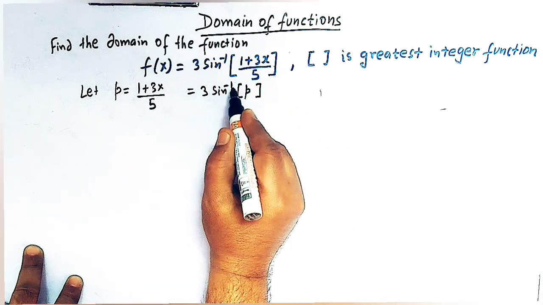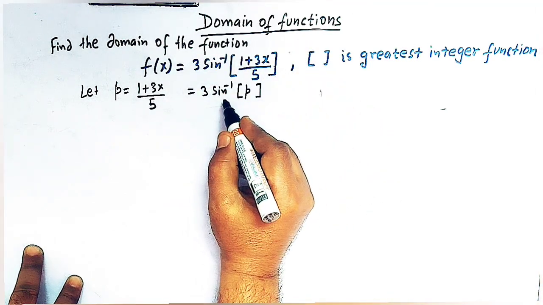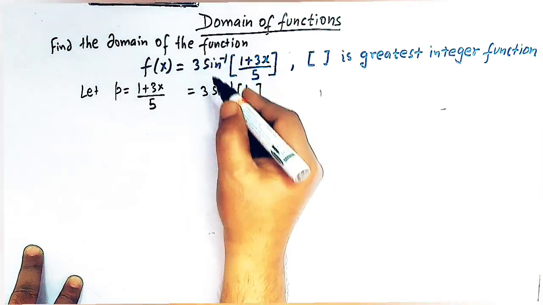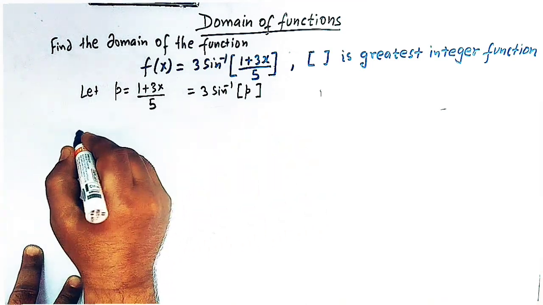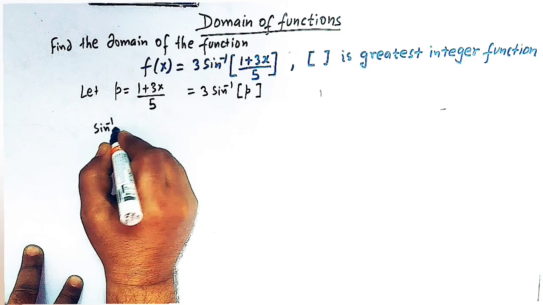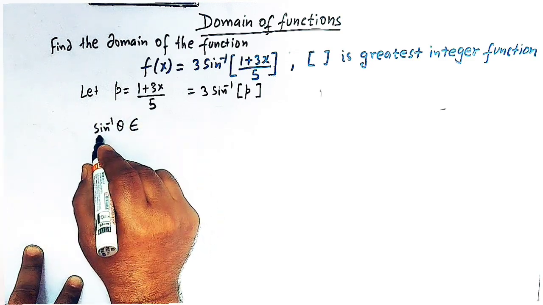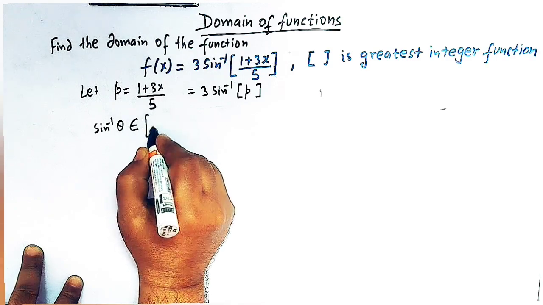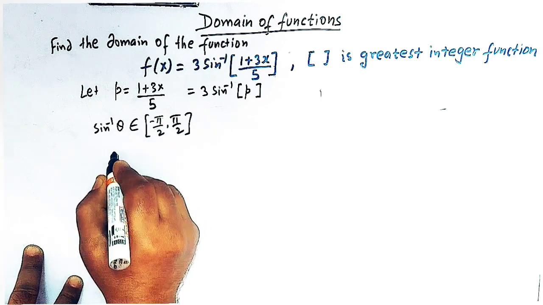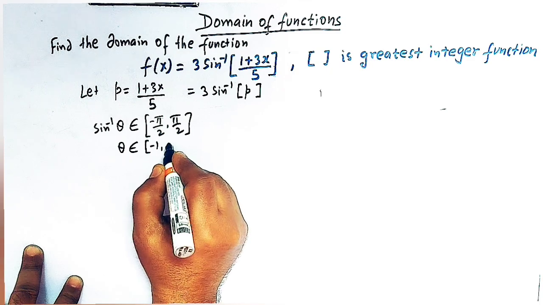Now, here we have the inverse sine function, so we'll first apply the domain of the sine inverse function. From inverse trigonometric functions, if we have sine inverse theta, then the principal value branch lies in the interval minus pi by 2 to pi by 2, provided theta belongs to the interval minus 1 to 1.